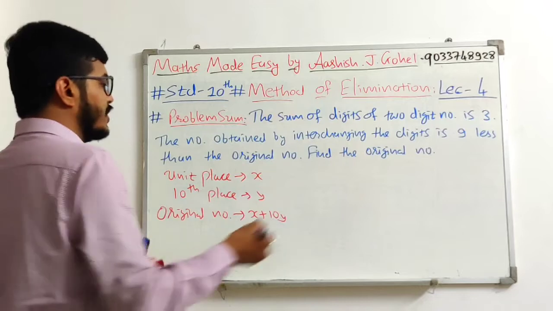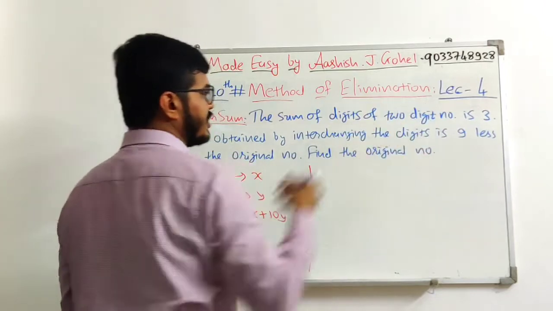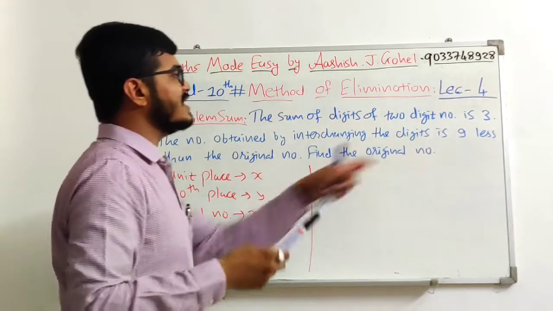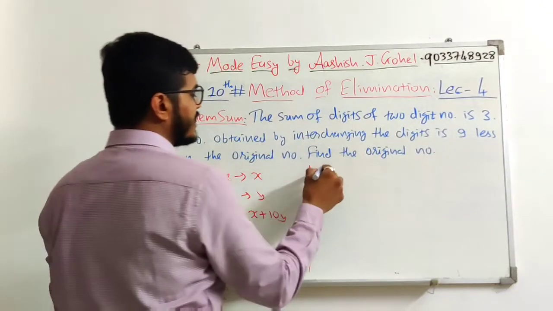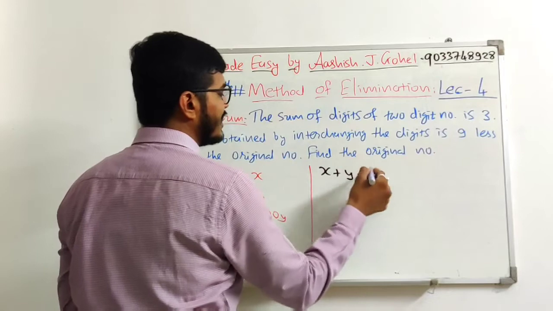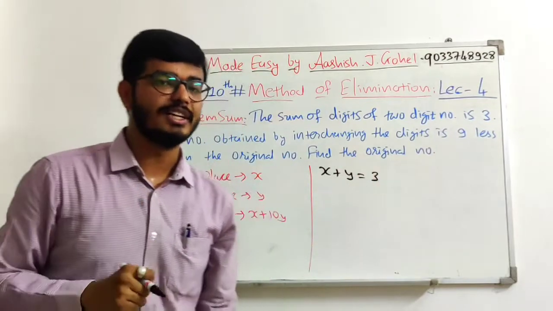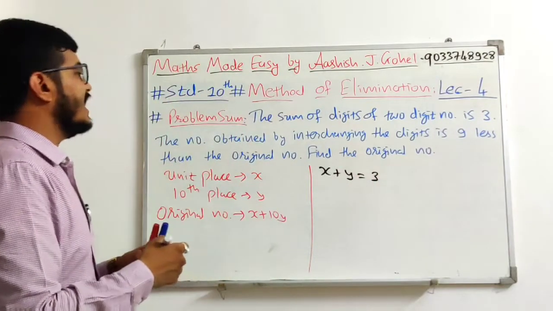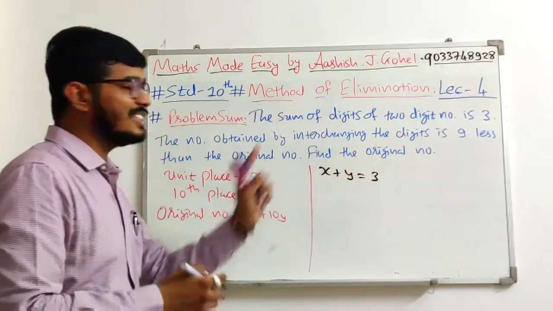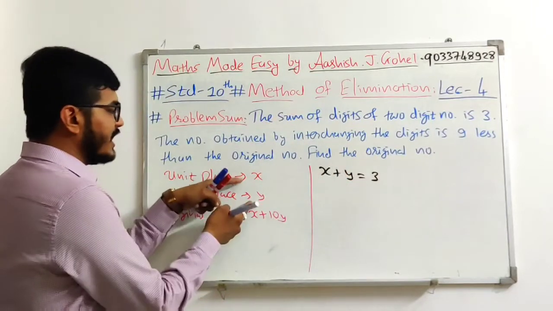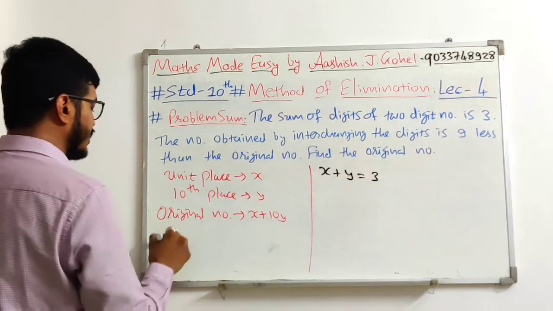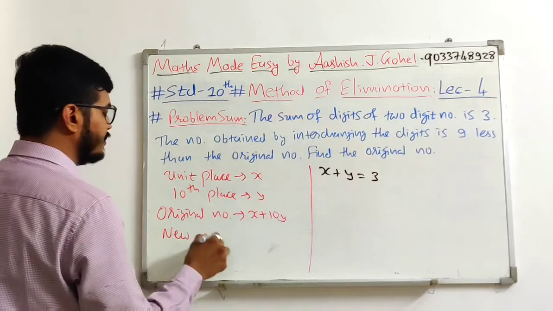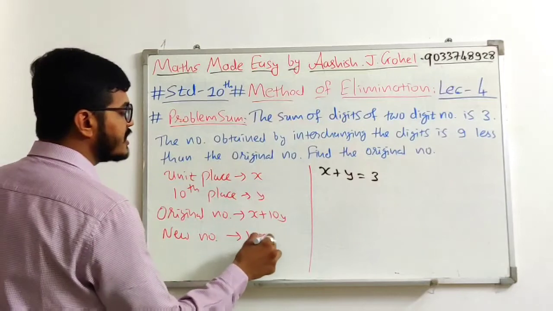Okay. Now, according to the first condition, that is sum of the digits is 3. That means x plus y is equal to 3. So that will be our equation number 1. Now, if I interchange the digits, that means what? If I interchange these two places, then after interchanging, the new number will become 10x plus y.